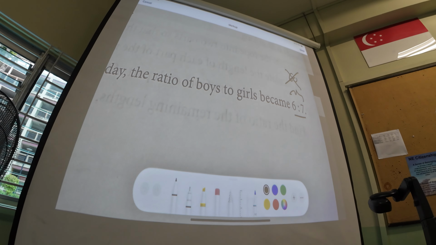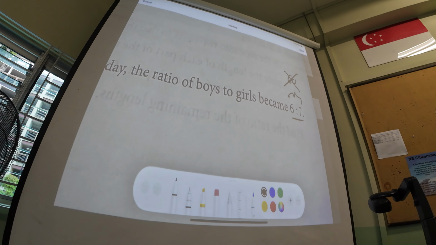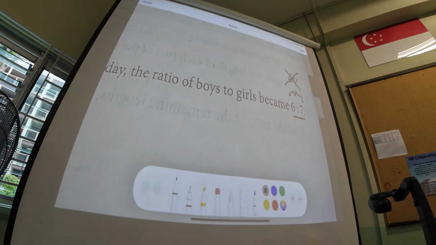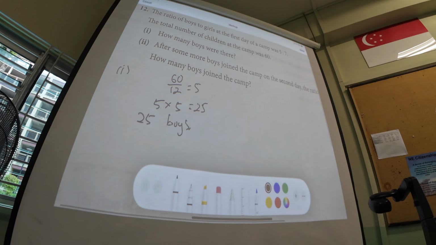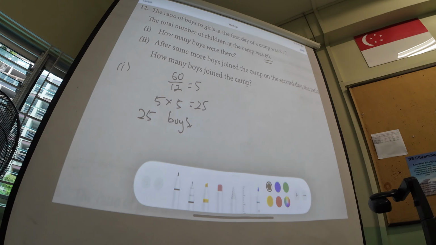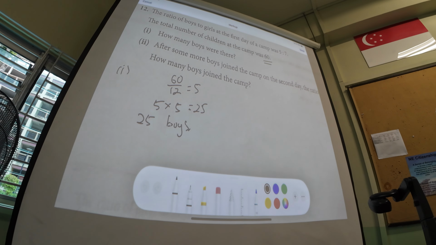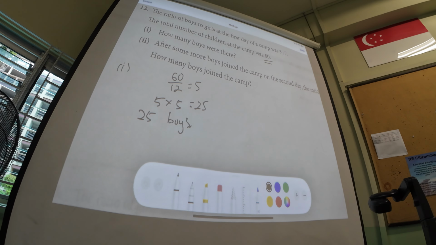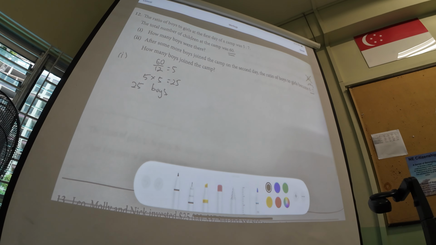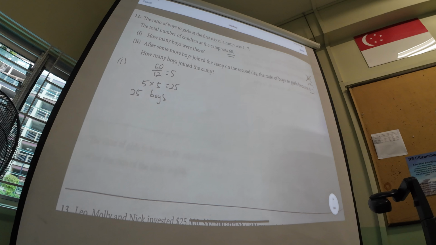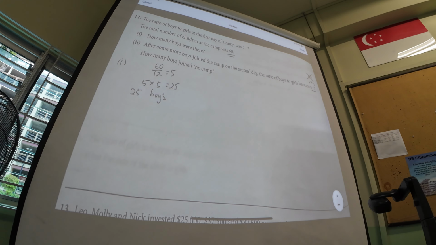But throughout this whole storyline, the number of girls never changes. So we can go and look back. How many girls were there? 7 times 5. The camp got 60 people. 25 are boys.